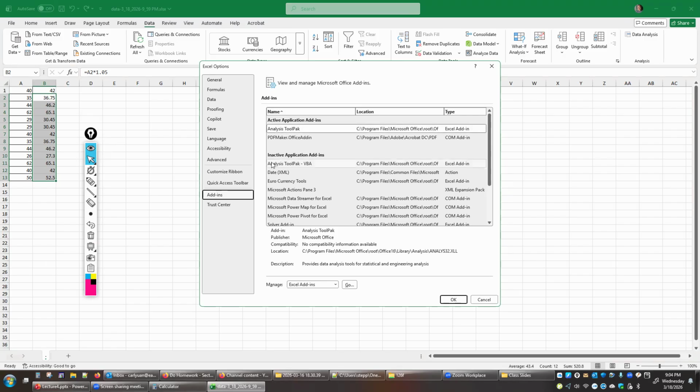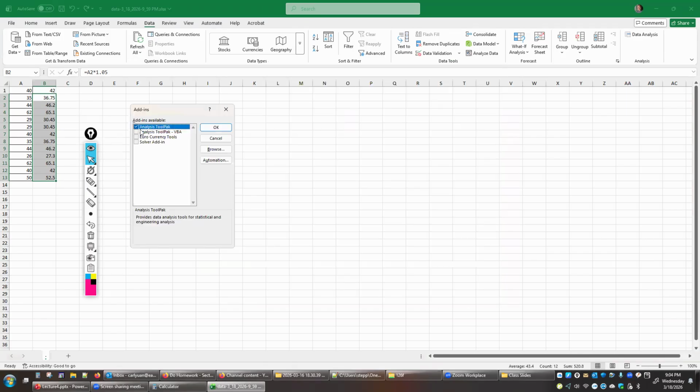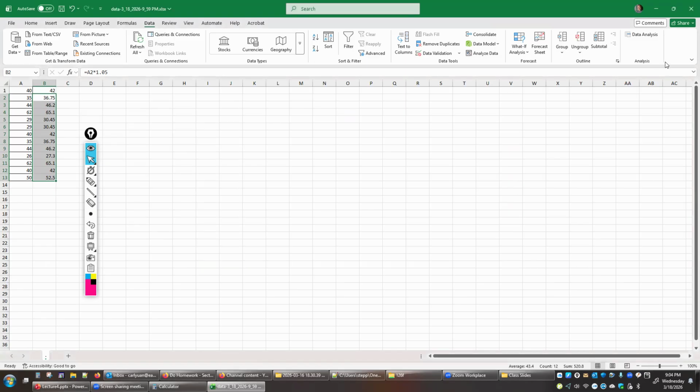But let's say if your Analysis ToolPak has not been activated, what you click on is the Go button, then you would check the box for Analysis ToolPak, click on OK. Then your data analysis module would appear on top of your menu under Data. You click on Data, you will see Data Analysis.